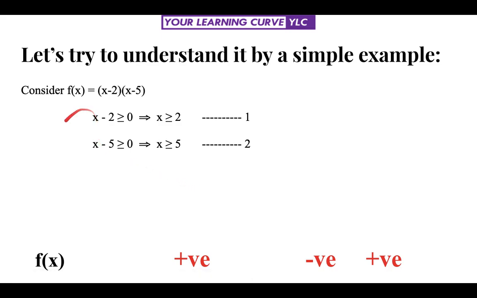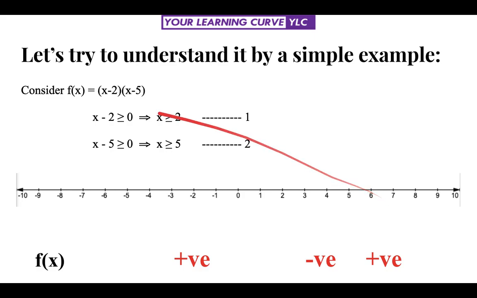To observe this, we draw the number line first. We mark the point where the first factor is changing its sign, meaning if x is greater than 2 it will be positive, and if it is less than 2 it is negative.